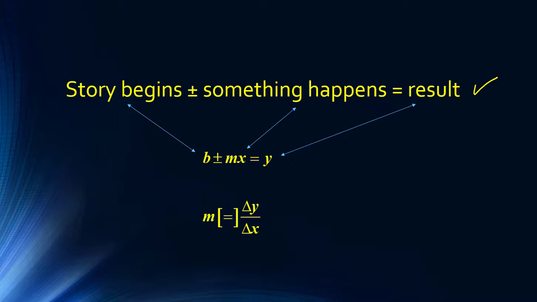As we move further into pure mathematical equations, we can translate that word equation into this equation here. The story begins as represented by the letter B, and then something happens is represented by the letter M times a variable X, and the result is represented by the letter Y.